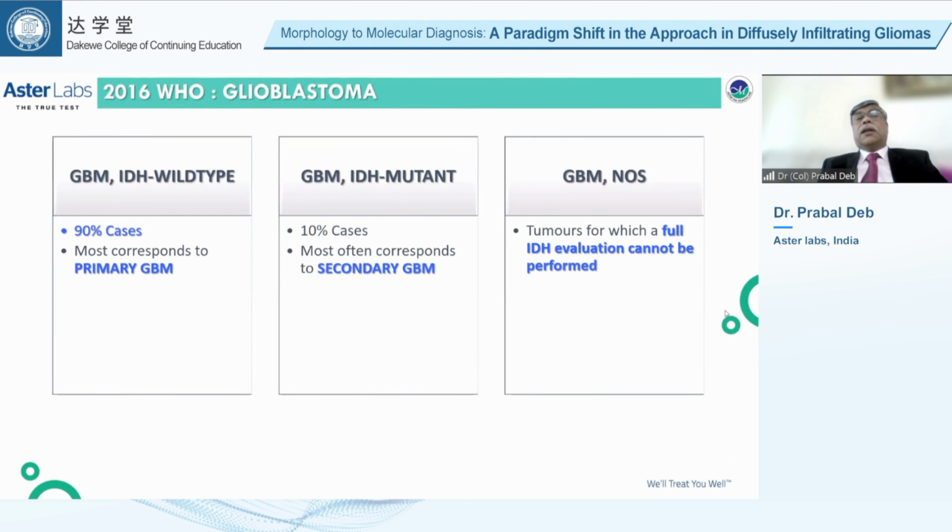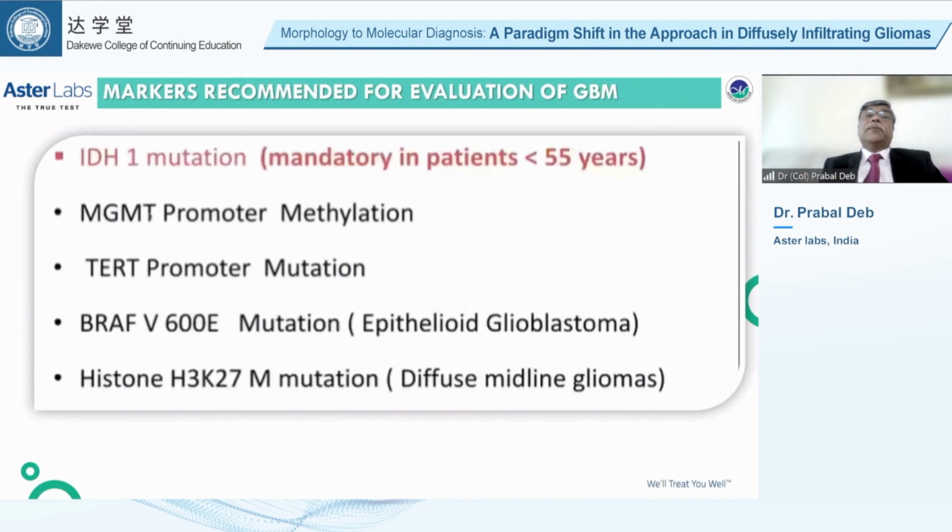So, based on WHO 2016, where they integrated the molecular parameters also, it was found that GBM IDH wild type were the primary or 90% cases, and only few cases were IDH mutant type. But the majority of the sign-outs in most institutes were happening as GBM NOS because even in many cases IDH evaluation was not being performed.